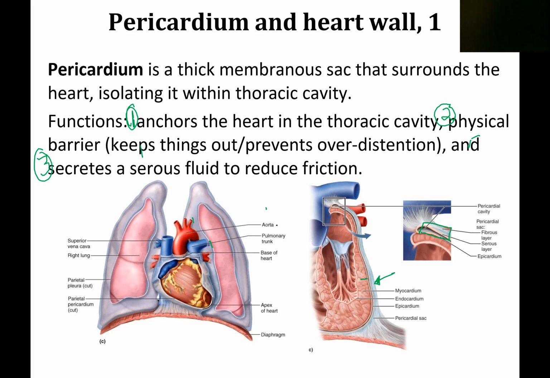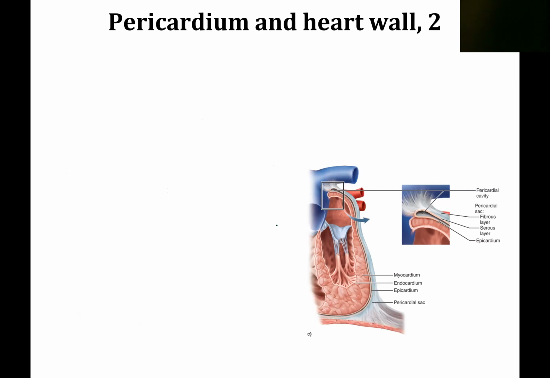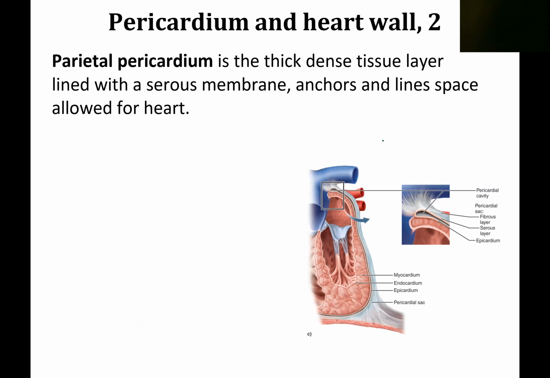Okay, the components. You have the parietal pericardium, which is the superficial thick layer of dense tissue that mostly acts as a physical barrier and anchors the heart in place.